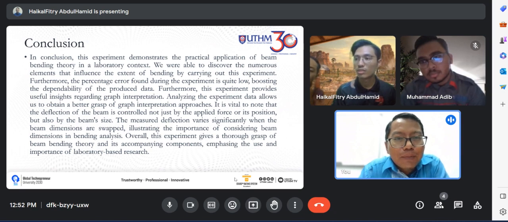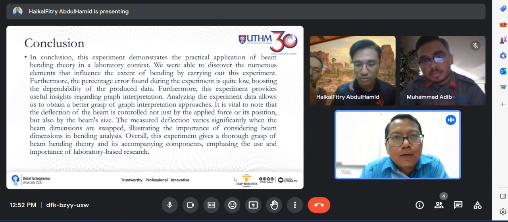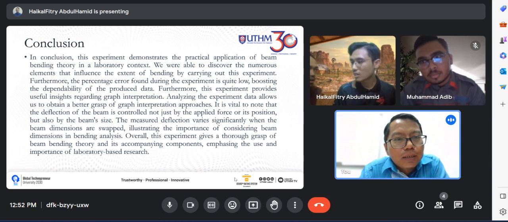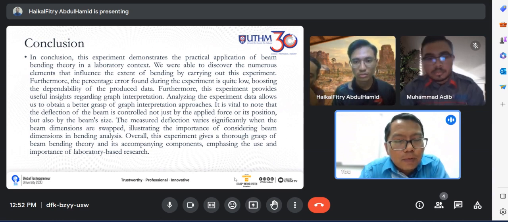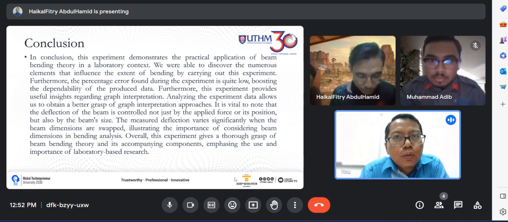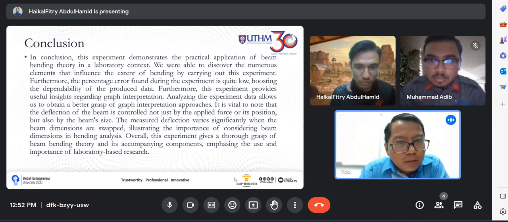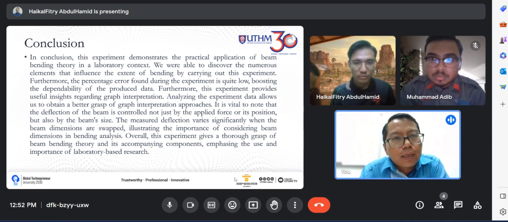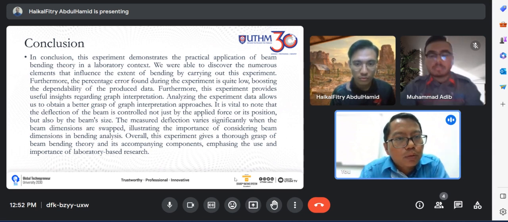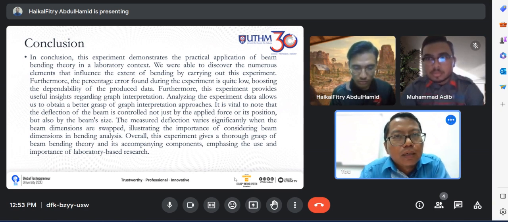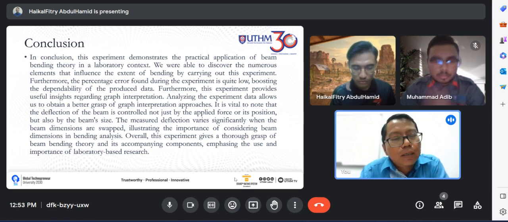Okay, why I'm asking all of you is because this is about your awareness. Let's say during your PSM or final year project, maybe you have a supervisor to guide you, but of course it is your project, so you should think about the DOE, design of experiment.